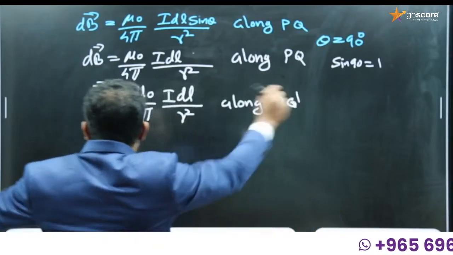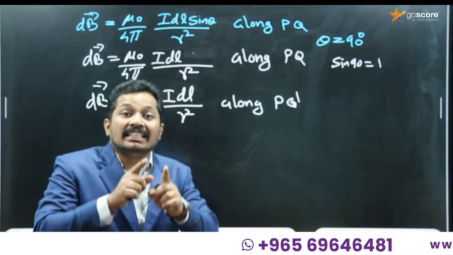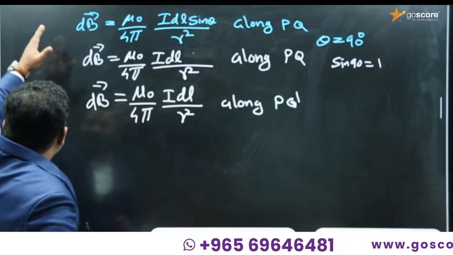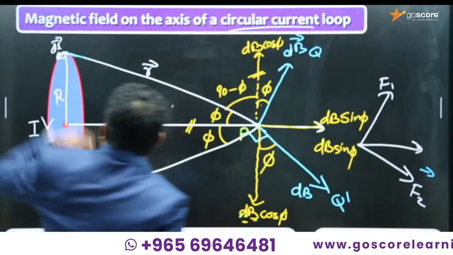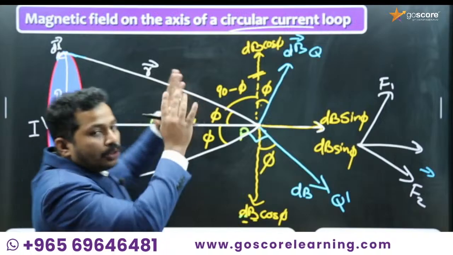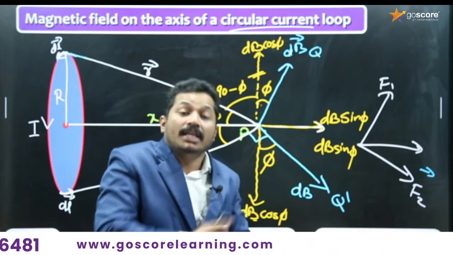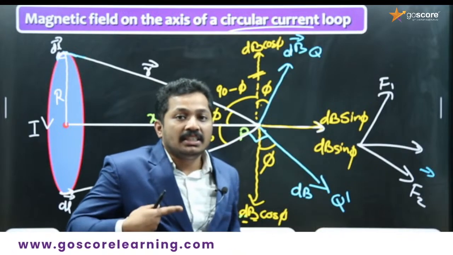For every current element within the circular loop, all the cos components will cancel each other, and the resultant magnetic field is only due to the sine component, which is along the axis.